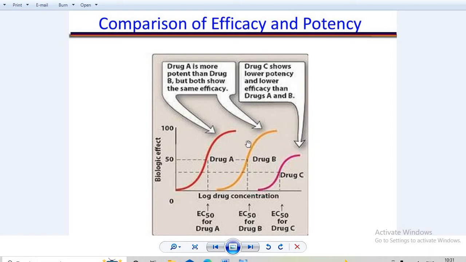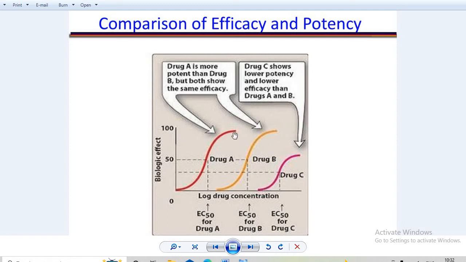So it means both drugs are showing the same biological response, having the same efficacy. They are producing the same biological response at the same dose, but drug C is having a lower biological response even at the maximum dose. Here A and B are producing the maximum biological response.